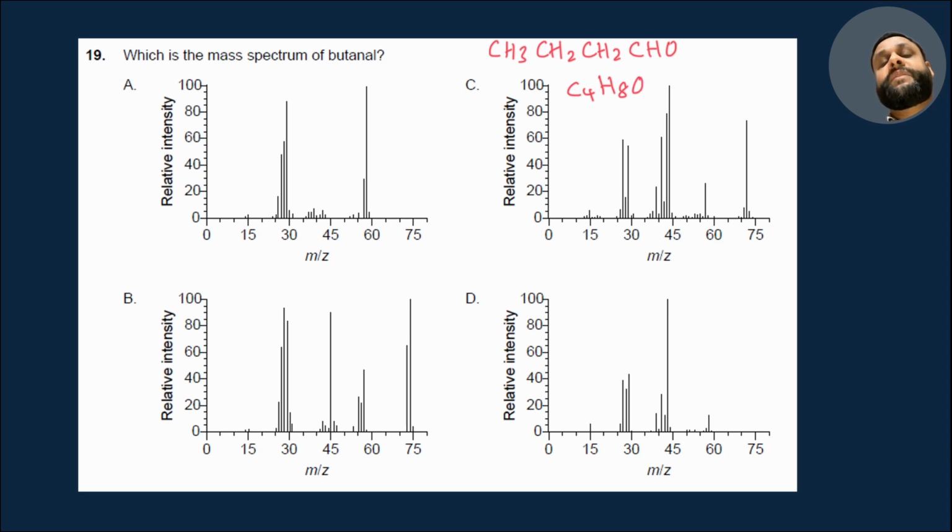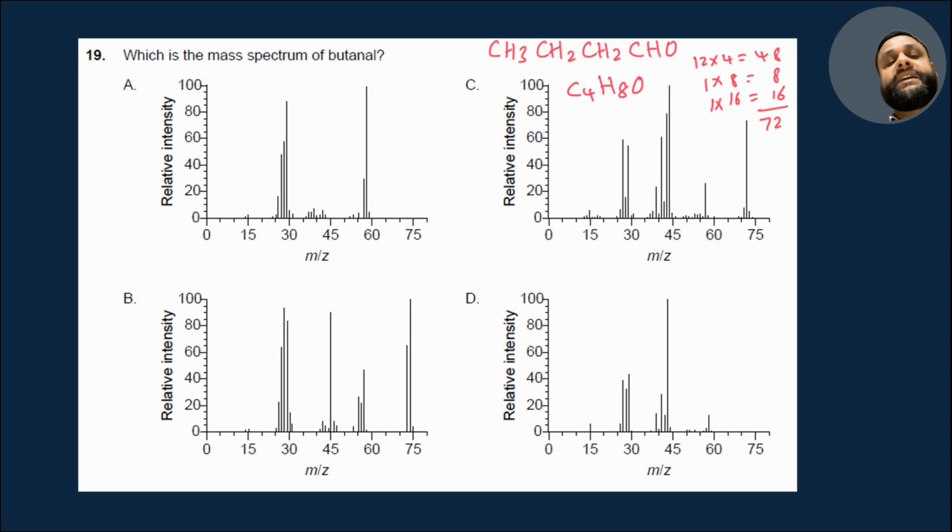So it should have a molecular mass of 12 times 4, 48, 1 times 8, so 8, and 1 times 16. If I add them together, we have 72. So we're looking for a molecular ion peak at 72.